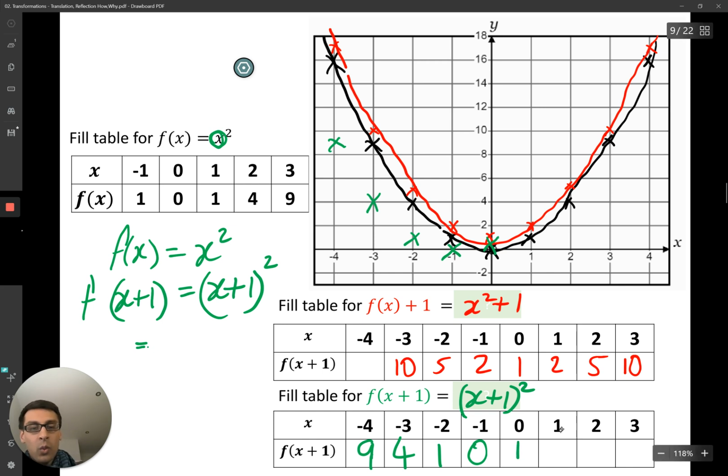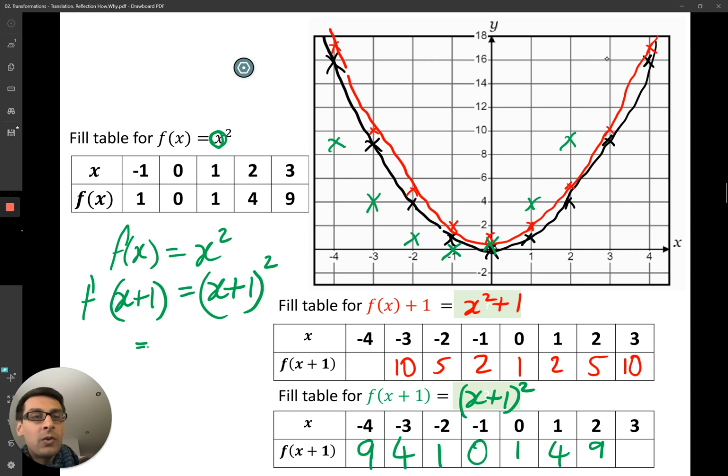And then we have 1 plus 1 is 2. 2 squared is 4. So that will be 1, 4. And then we have 2 plus 1 is 3. 3 squared is 9. So that will go up here. And then you may notice what's happened. 3 plus 1 is 4. 4 squared is 16.